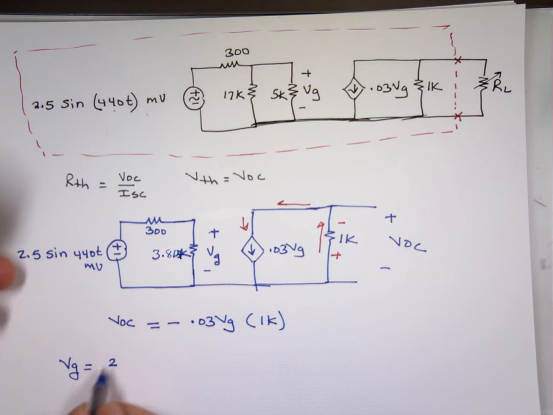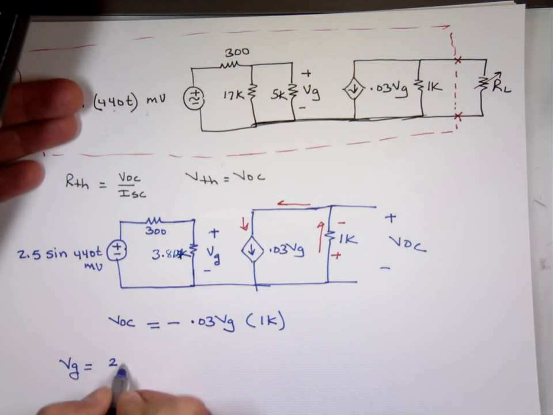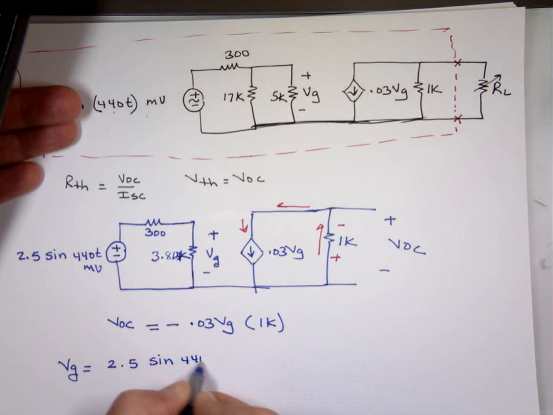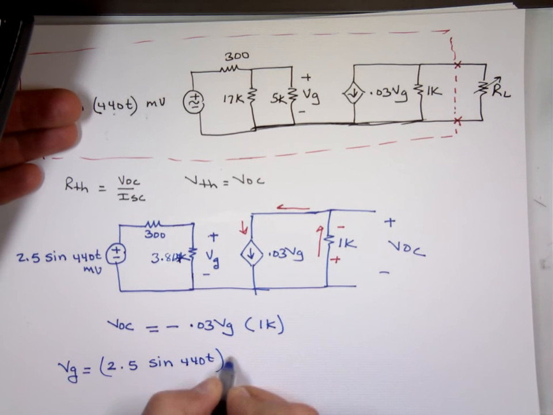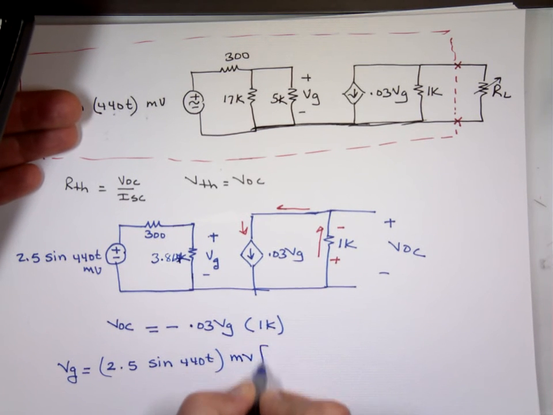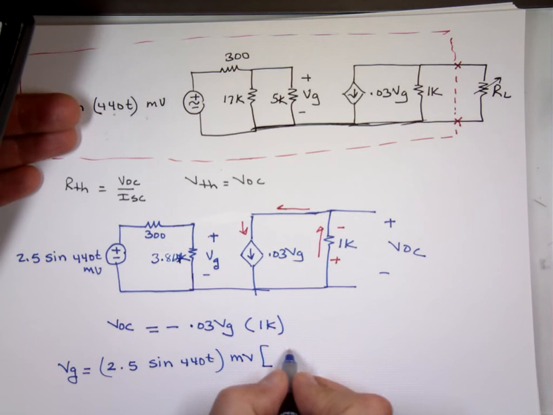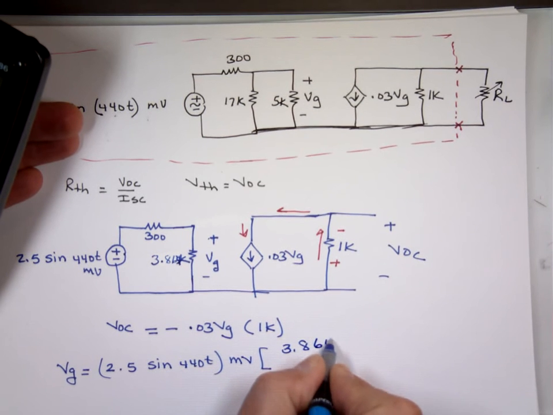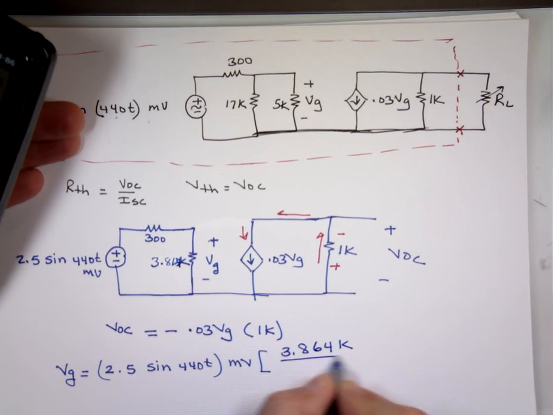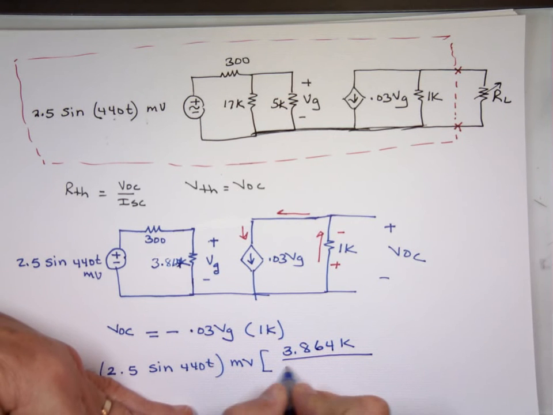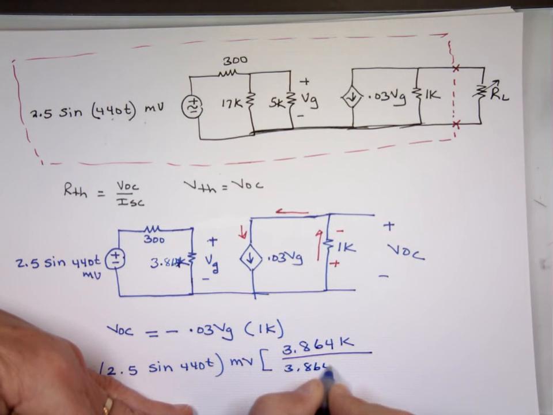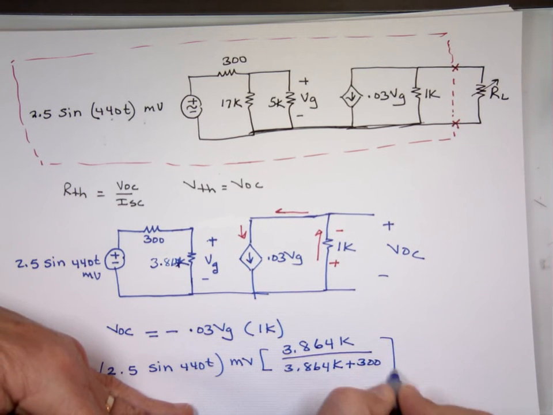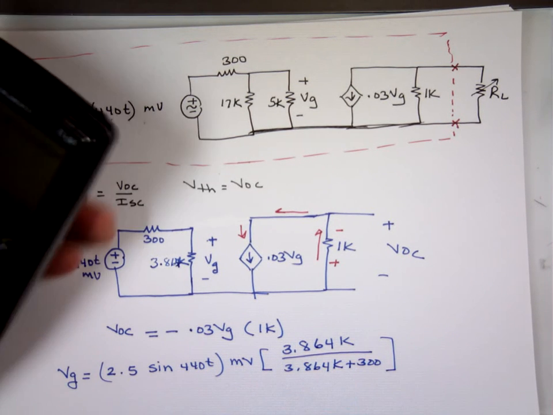So what is VG going to be? 2.5 sine 440t millivolts, times that resistor, 3.864K, over the sum of them, this plus that, 3.864K plus 300. The K will cancel the milli.